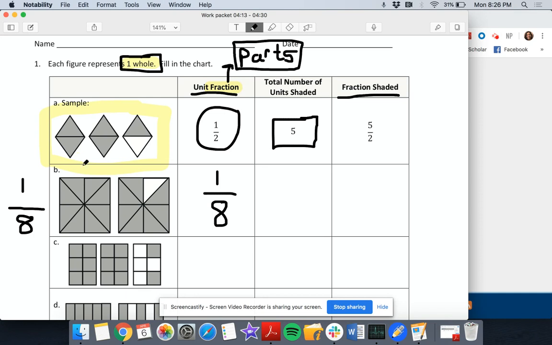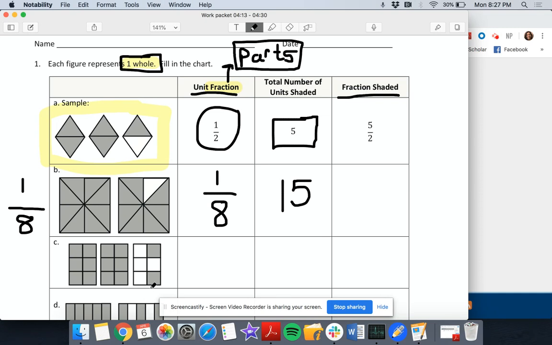Total number of units shaded, let's count again. 1, 2, 3, 4, 5, 6, 7, 8, 9, 10, 11, 12, 13, 14, 15. So we have 15 units shaded. And we included both figures in the total number of units shaded. Okay.